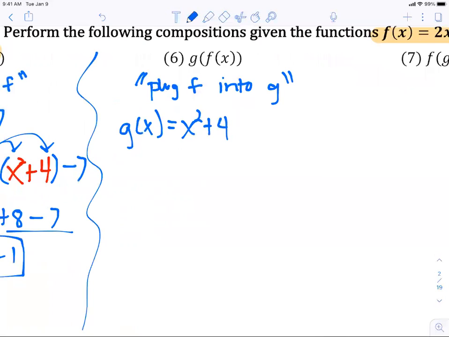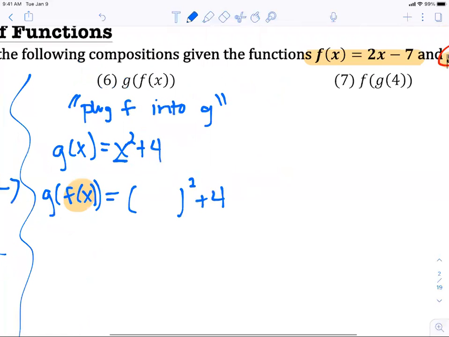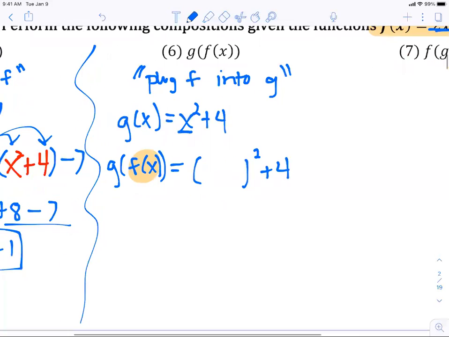If that is my g of x function, then to find g of f of x, that means up here, this x that's in there, I'm going to replace any variables with our f of x. Since f of x is equal to 2x minus 7, that is going to go in its place.